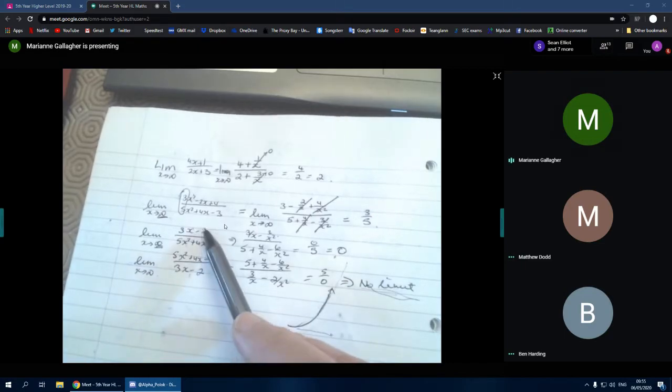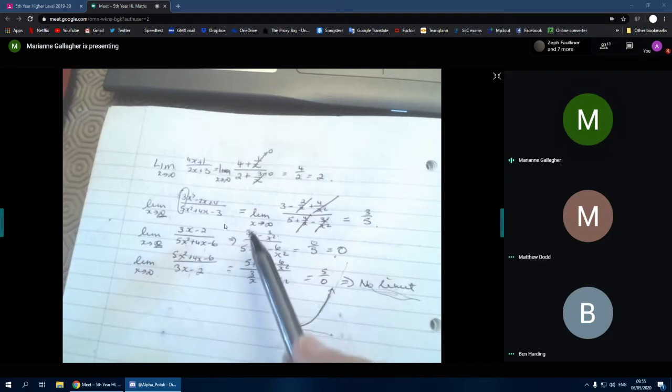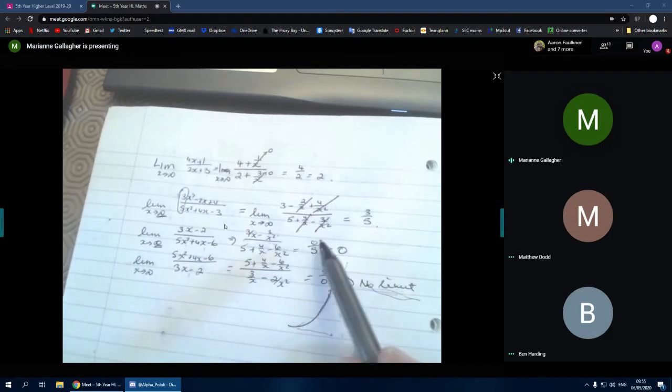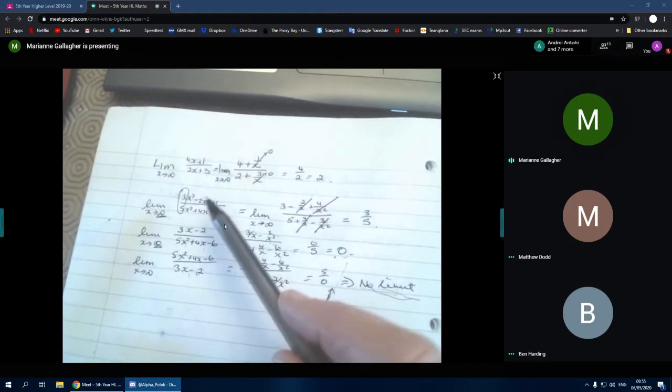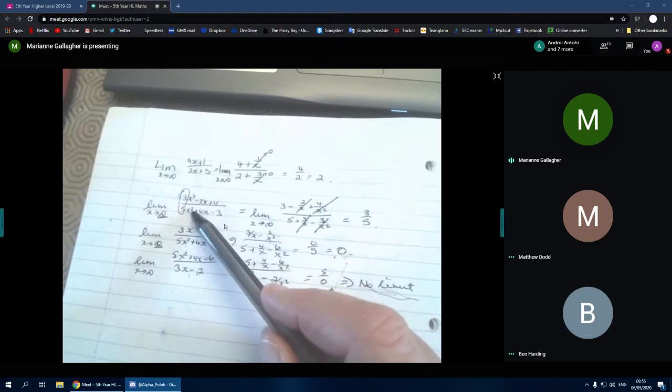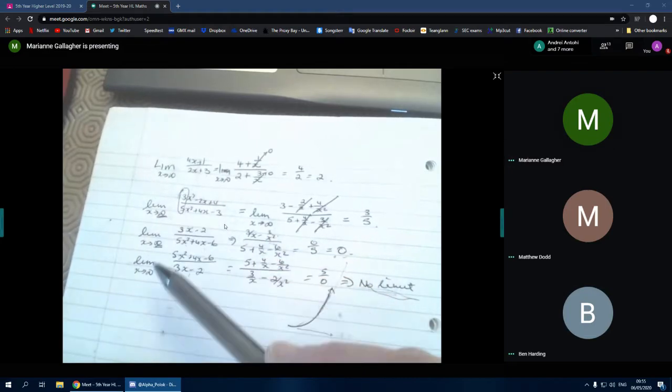So that's why there's no limit, because it's just going to go up and up and up. Whereas with the other one, the bottom's going to be much, much bigger, so you're dividing a number by a bigger number, and you get closer and closer to 0. But if they're both going up at the same pace, then you can just look at the 3 over 5.